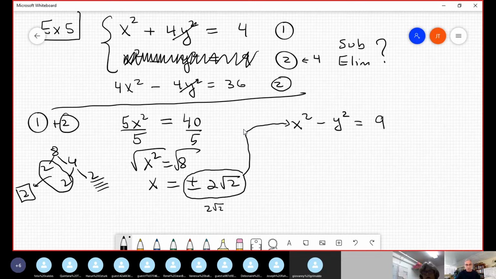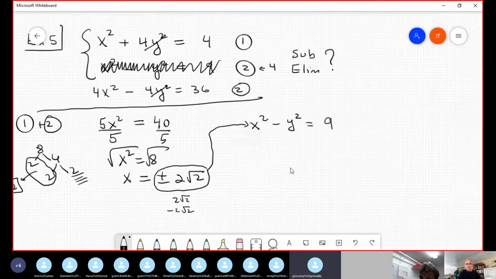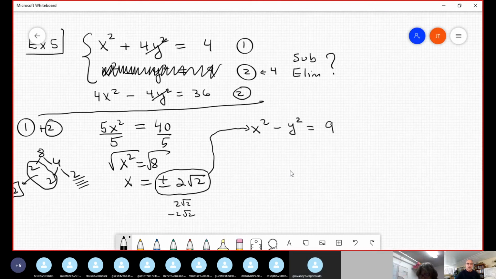Substitute 2 radical 2 positive and minus 2 radical 2 and separate the problem into 2 pieces, or take advantage that you can substitute both together here. Both or one by one? Take advantage. Both. Exactly, because plus and minus 2 radical 2 is squared.